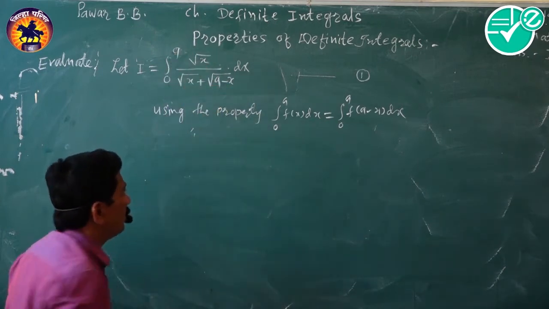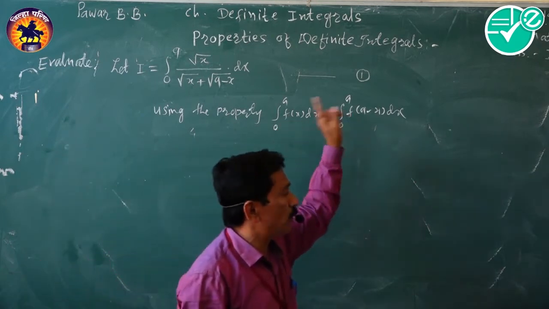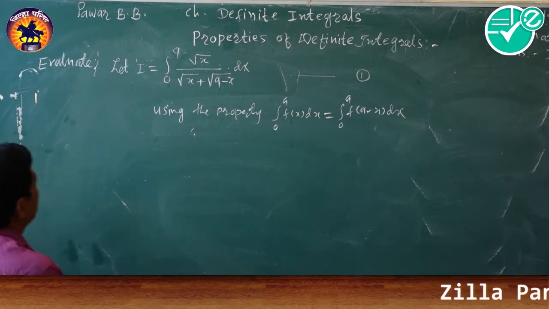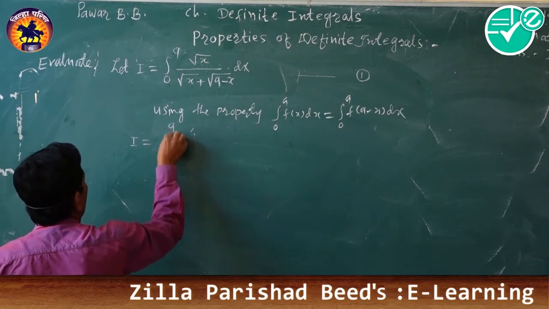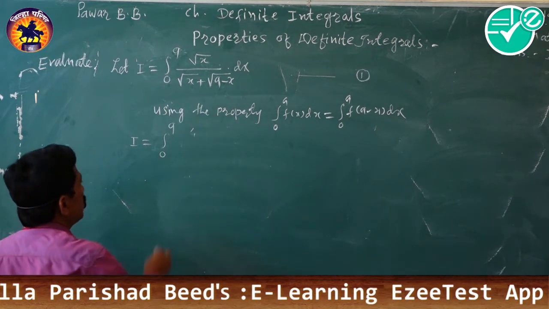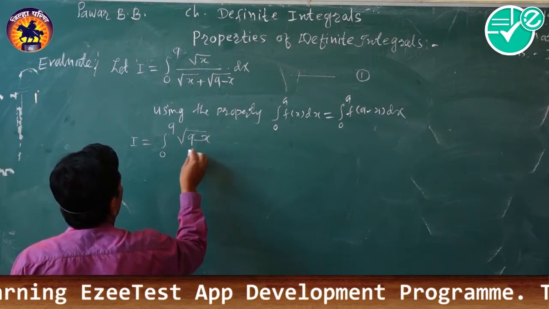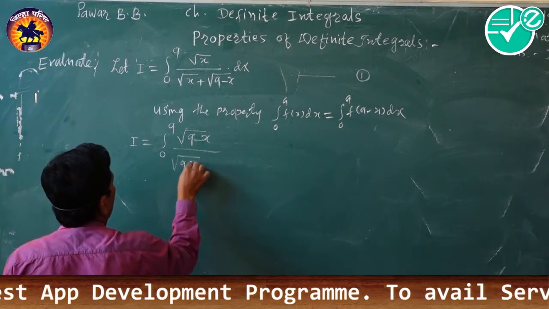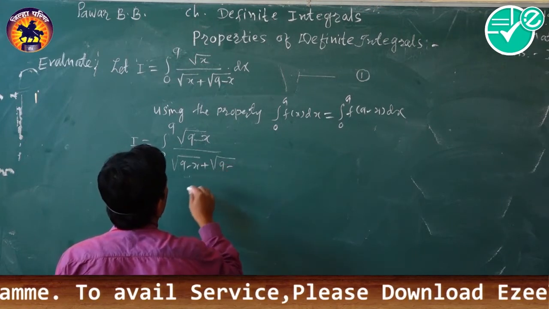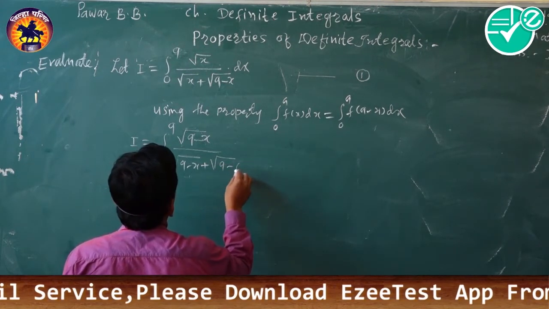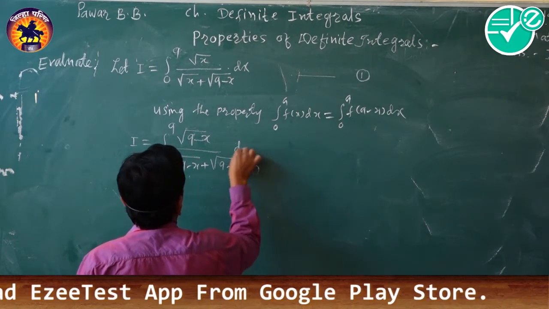This is also 9. Again using this same property, that is 0 to a f of x dx is equal to 0 to a f of a minus x dx. Therefore I becomes integration from 0 to 9. Now substituting here x is equal to 9 minus x, 9 minus x divided by under root 9 minus x plus under root of 9 minus 9 minus x into dx.